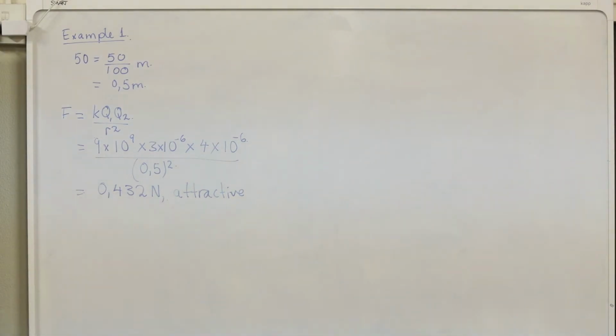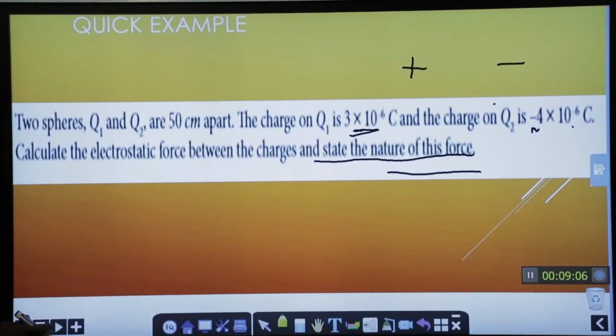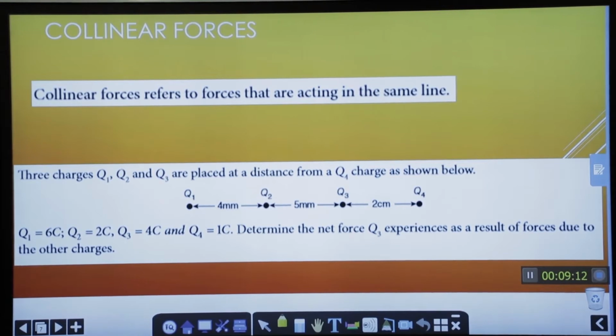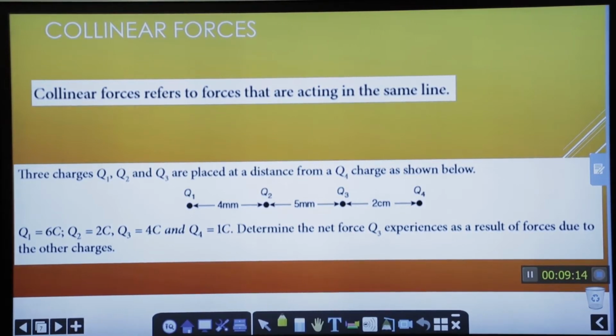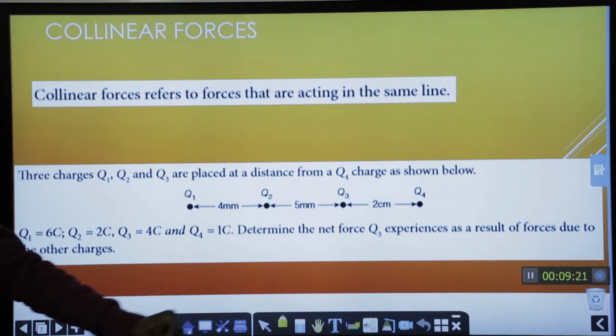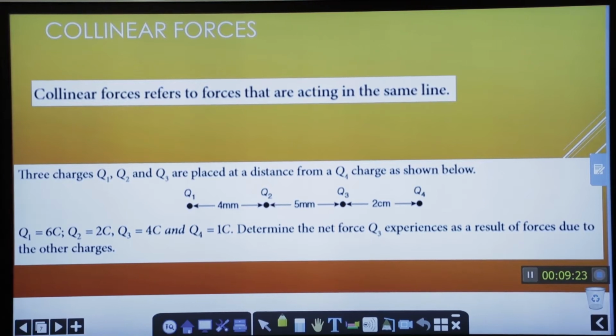Let's move on and find out what other questions come into play when we are looking at electrostatics. Now, forces, as we have learned before in our introduction of vectors and scalars, they can be collinear, which means forces can work in the same line.